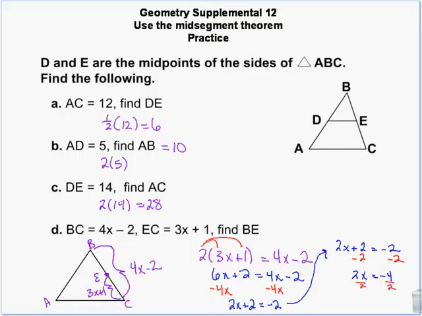Divide by 2, and x will be negative 2. Now, my question tells me, though, to find BE. BE is the same length as EC. So BE would also be 3x plus 1.